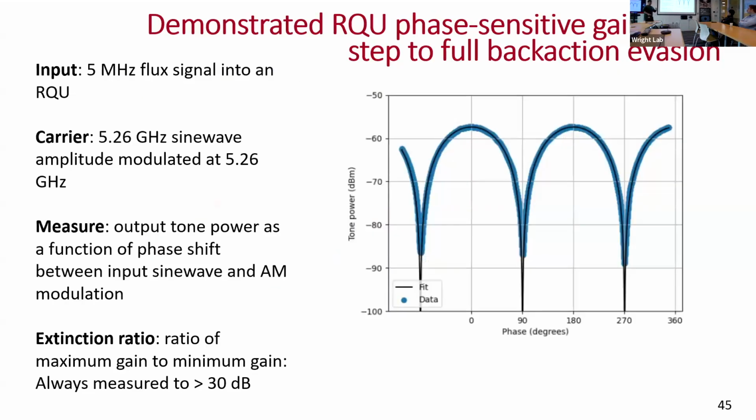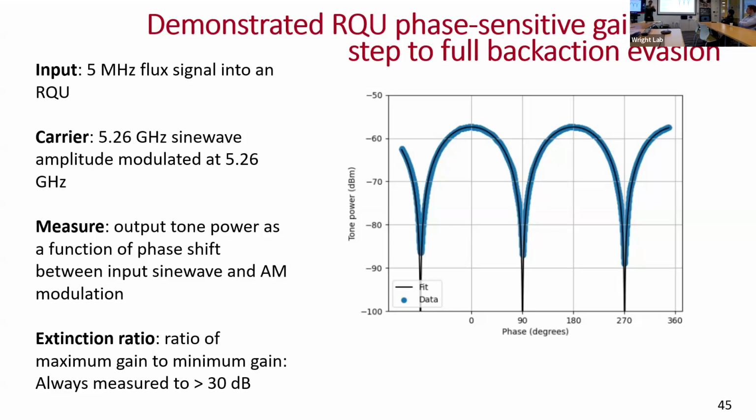And since I am running out of time, I want to cover this neat result. Back action evasion is about demonstrating phase sensitive noise, but a step before that is to show that you can have phase sensitive gain so that your device can actually distinguish between the quadratures. The way that you do this is you amplitude modulate the carrier tone in your microwave resonator, at the frequency of the input tone on the input coil.